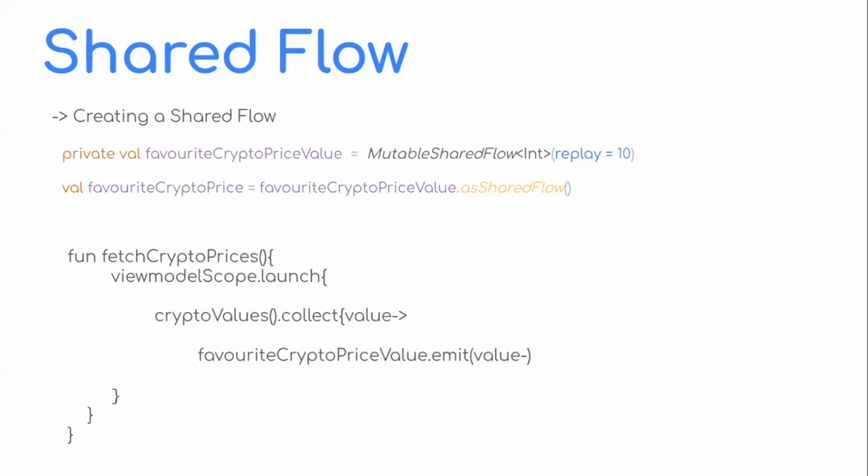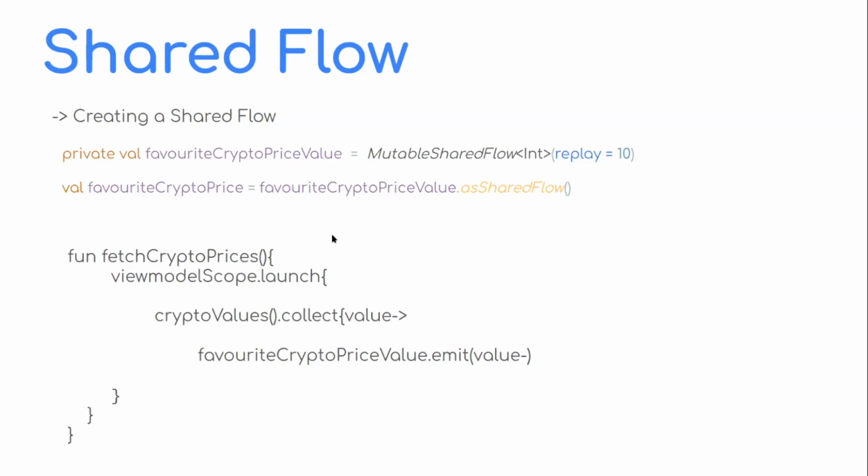Shared flow can give you the list of the data that was sent to the other collectors, and that can help us keep track of what data has been sent.